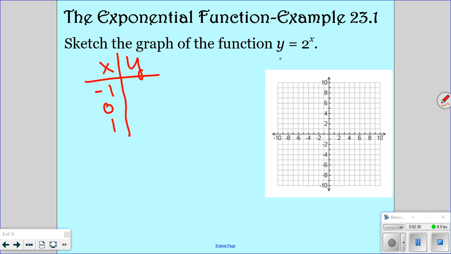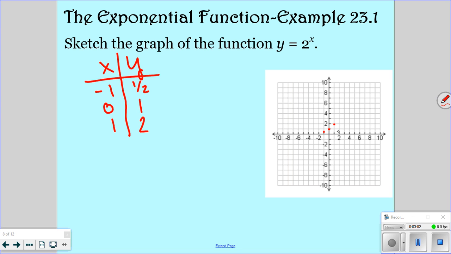So if I plug in -1 here, 2 to the -1, that's going to make 2 the reciprocal, which is going to be 1 over 2. If I plug in 0, 2 to the 0 is 1. And then if I plug in 1, 2 to the 1 is 2. So come over on your graph, and you're going to go to (-1, 1/2), (0, 1), and (1, 2).